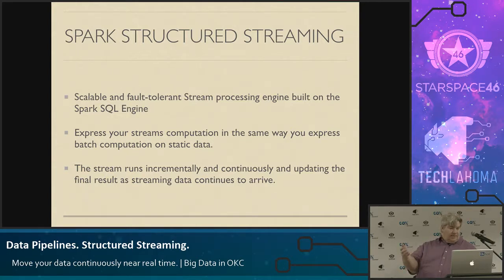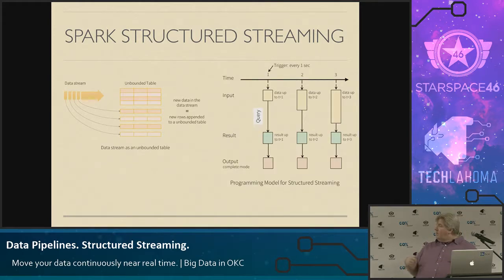So it creates these unbounded tables, these concepts of unbounded tables. And we'll just take a quick look at that. As data comes in over time, it's basically added rows to the table, and then I apply some type of RDD-based transformations on it, and that results in my data set.